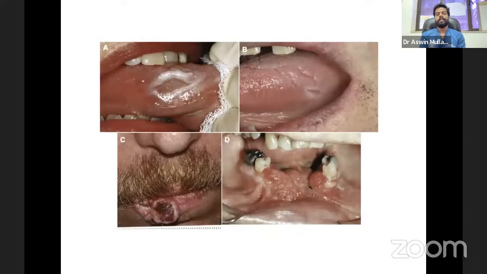Here, see pictures A and B. These pictures are a little confusing, and you may have a dilemma whether to take a biopsy or not for this kind of lesion. The first and second lesions are almost similar, but the second resulted from a traumatic bite. So first you have to see the etiology, whether the patient has a traumatic tooth.